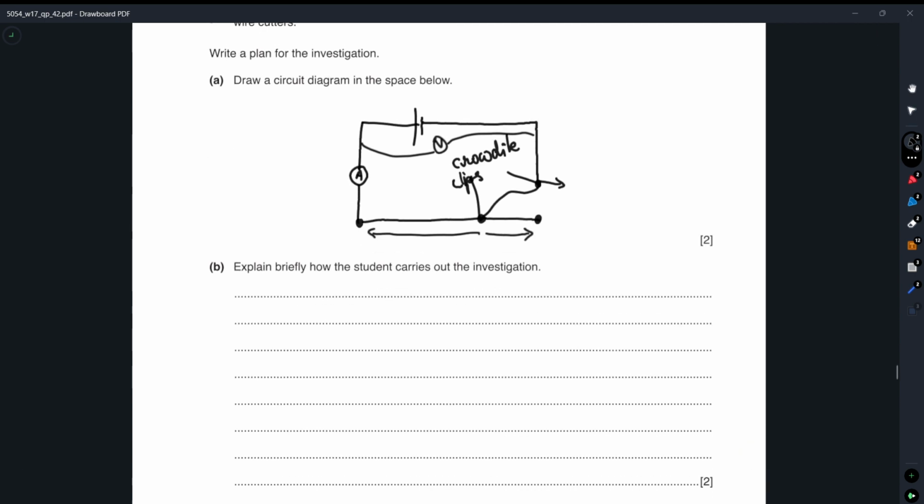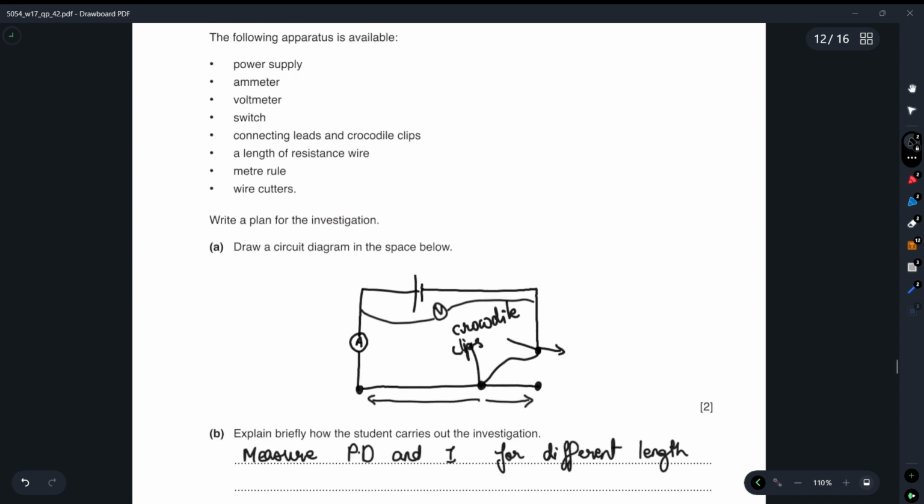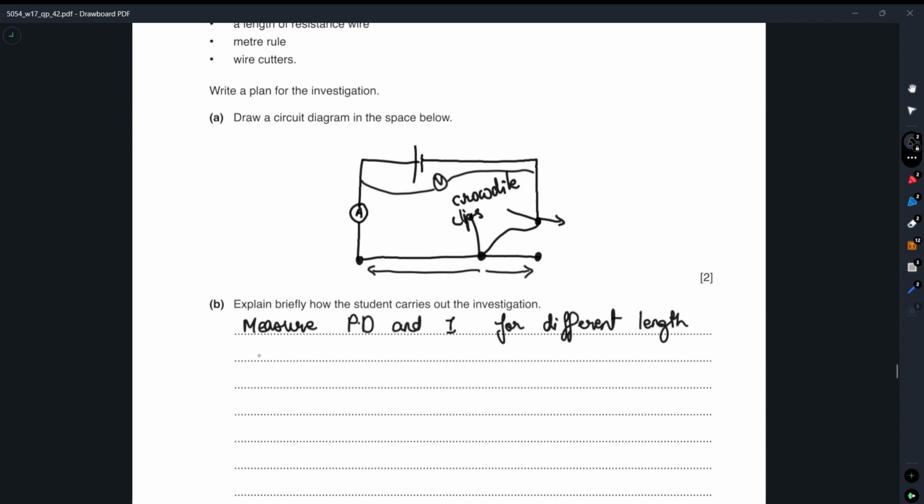So we can say can measure. Explain briefly how the student carries out the investigation. So measure potential difference and the current for different lengths. So yeah, for different lengths.